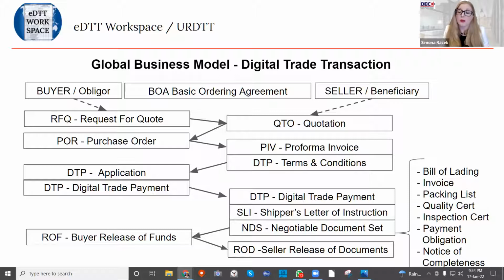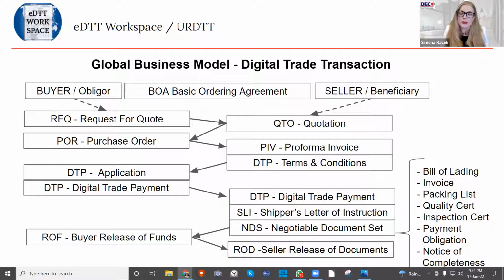The seller provides a pro forma invoice with the cost of goods requested along with the estimated cost for freight, insurance, carriage, and other fees that are not included in the price of goods. The buyer or a third party issues a URDTT digital trade payment facility to the seller, defining the terms and conditions of the purchase for the digital trade transaction.